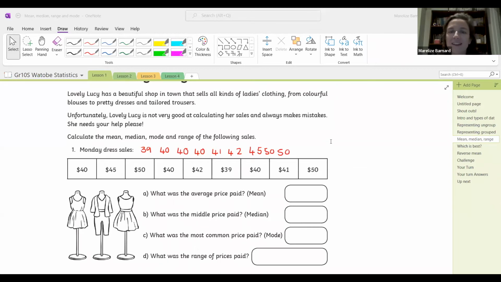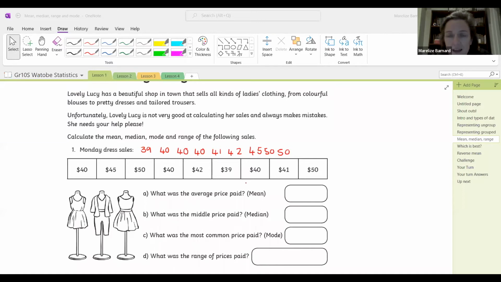Right, everyone, let's see. First, you had to rearrange your data from smallest to biggest. This is a key step. You cannot skip this step if you want to find the median accurately. So what is the average price paid for the mean? Post the answer in the chat if you have it. Just the mean.